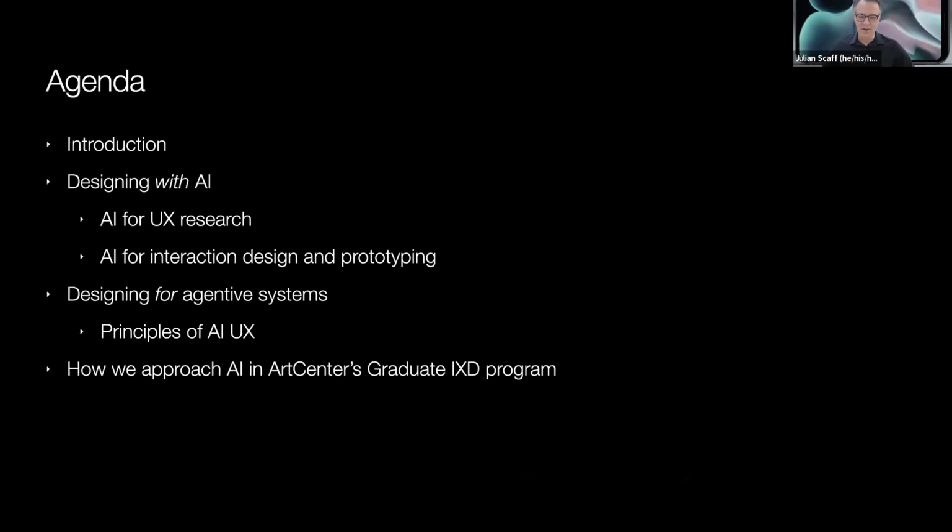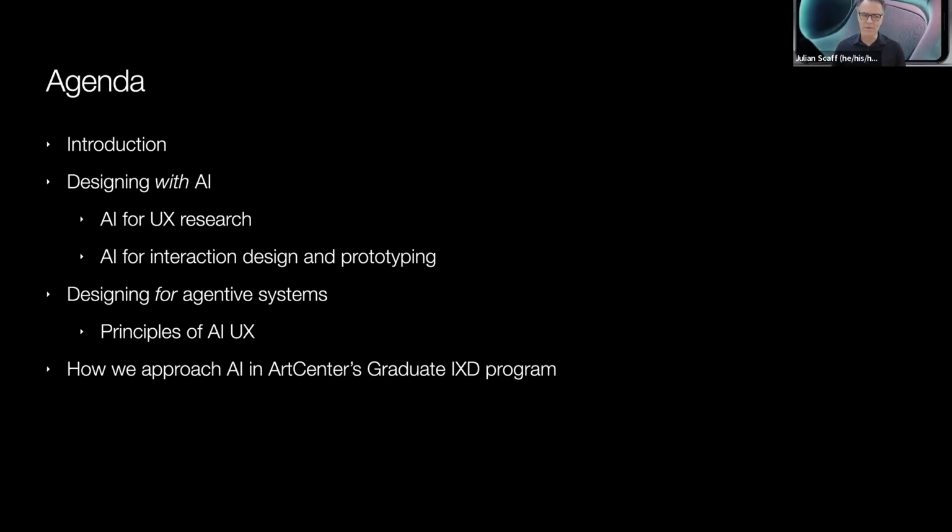This is the agenda of what I'm going to cover. So I'm going to start with an introduction about myself and about this topic. And then I'm going to start talking about designing with AI and specifically AI tools used in user research, UX research, as well as AI for interaction design and prototyping.